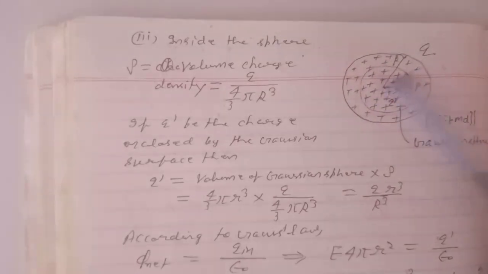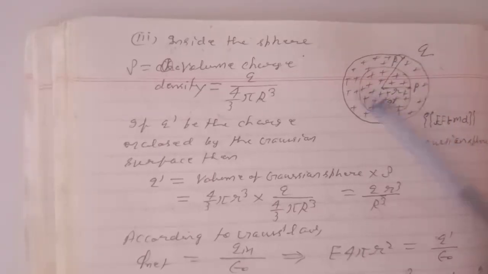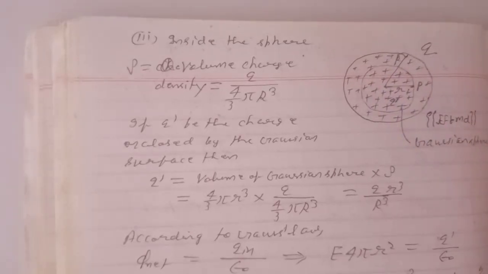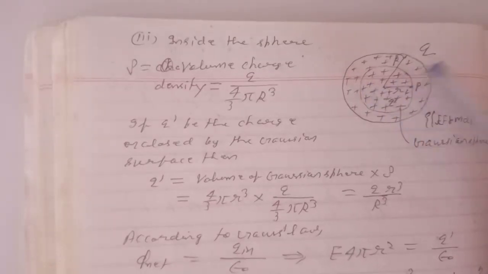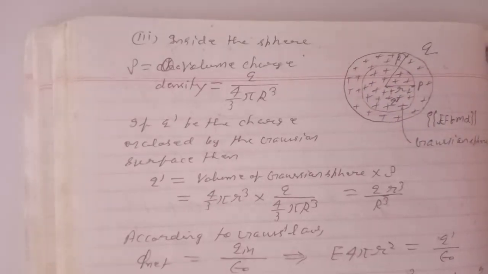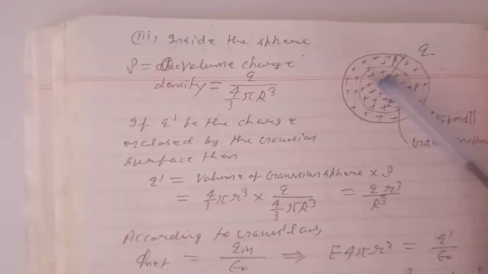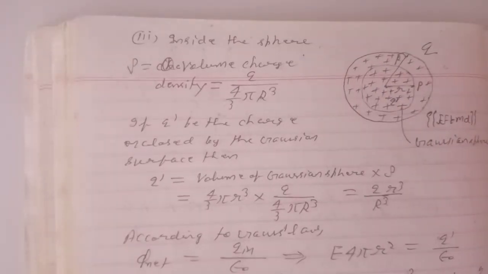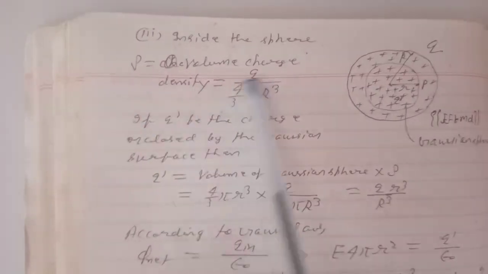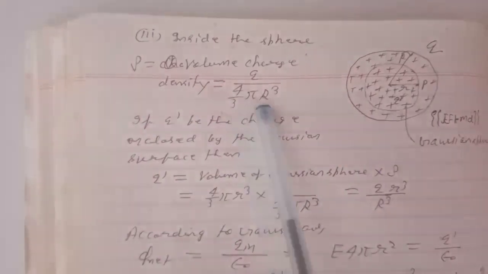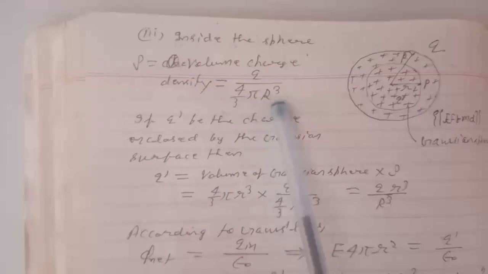Now we should calculate the charge enclosed by this Gaussian sphere, and then use Gauss's law, that is, the total flux through this sphere will be equal to Q enclosed by epsilon naught. So first calculate the charge enclosed by this Gaussian sphere. We know that the volume charge density rho equals Q by 4 by 3 pi R cube, that is charge by volume.